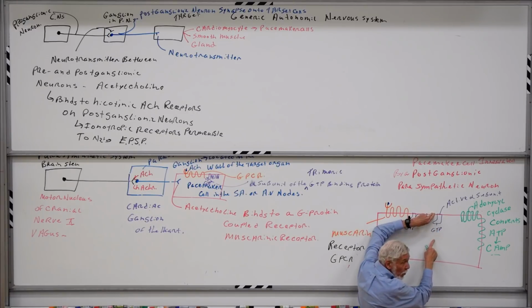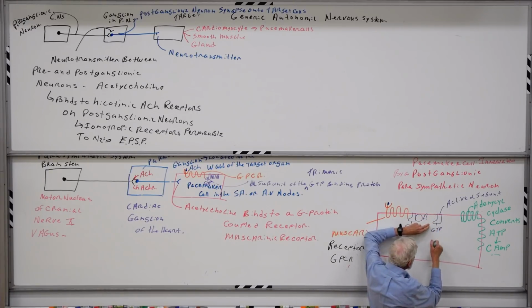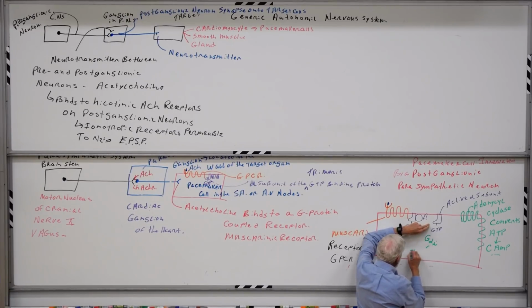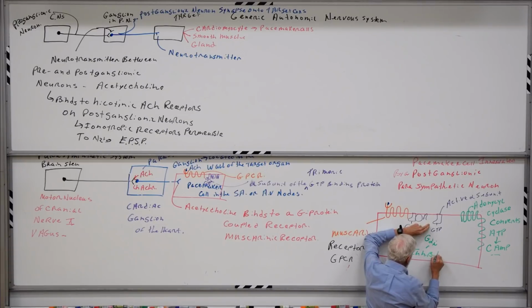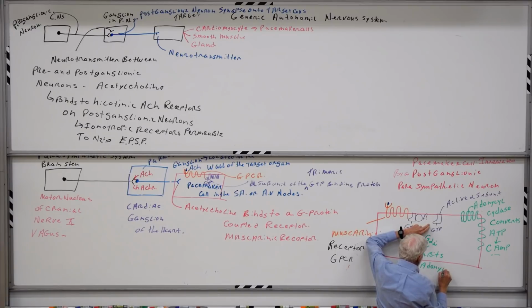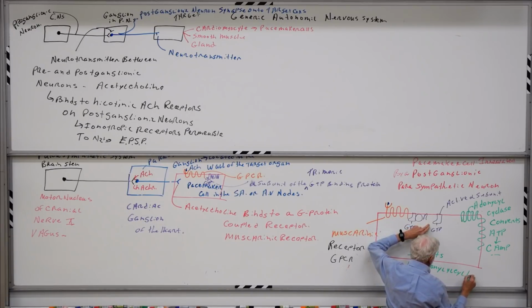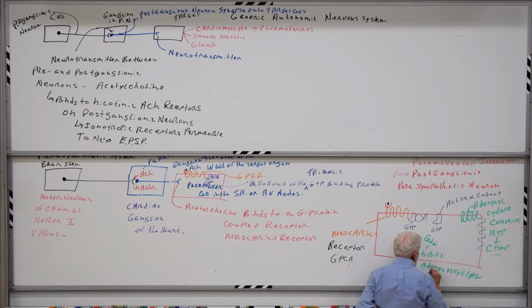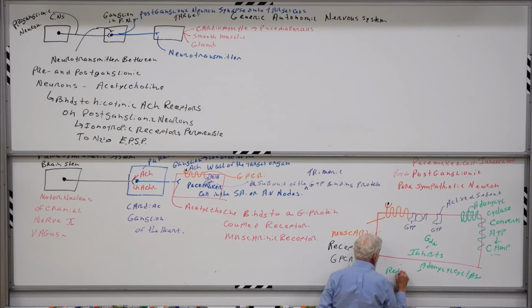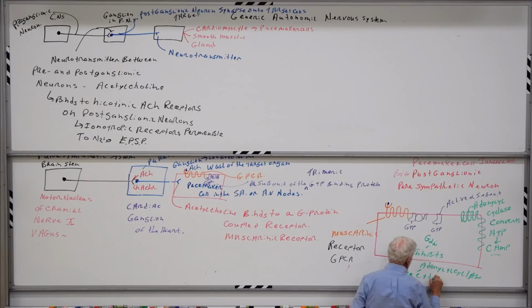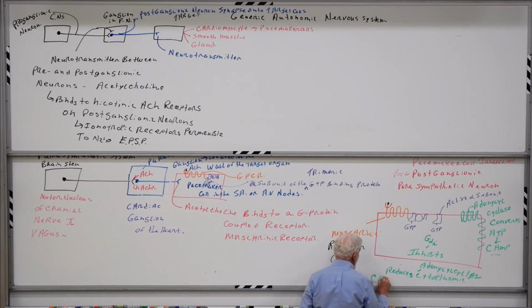What this alpha subunit does, because this is said to be a G alpha I, is it inhibits adenylyl cyclase. And in the process of inhibiting adenylyl cyclase, it now reduces cytoplasmic cyclic AMP.